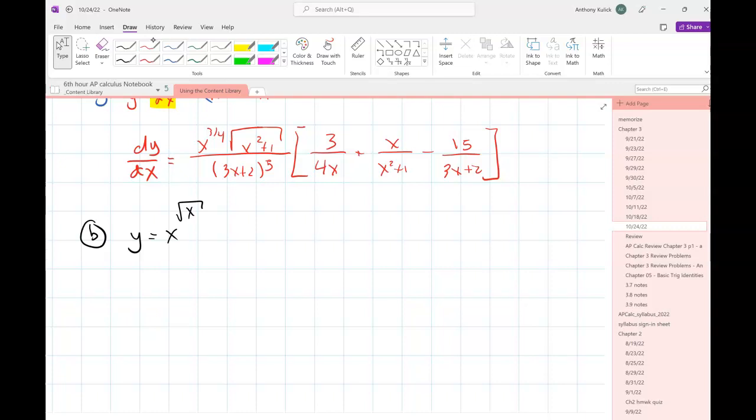No. What are we going to do? Logarithmic differentiation. Okay? When you see something like this where you have variables in both the base and the exponent, that is the route that we're going to need to take. Okay? So just like before, I'll take the log of both sides.